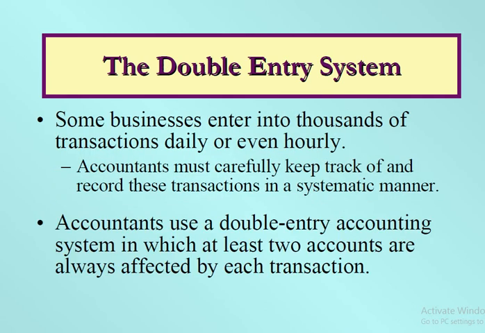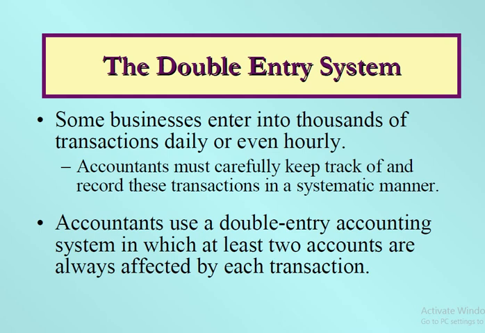Some businesses enter into thousands of transactions daily or even hourly. Accountants must carefully keep track of and record these transactions in a systematic manner called the daybook or the journal. Accountants use a double entry accounting system in which at least two accounts are always affected by each transaction. But it is not necessary that there be only two accounts.